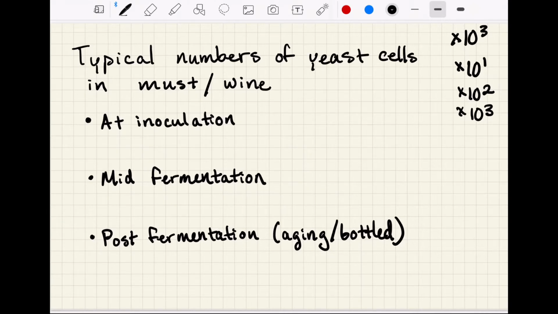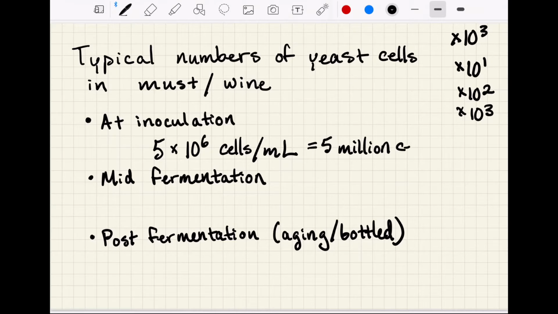So at inoculation, most commercial yeasts will recommend an inoculation rate that will result in 5 times 10 to the 6th cells per milliliter. And what that means is 5 million cells per milliliter in the must.